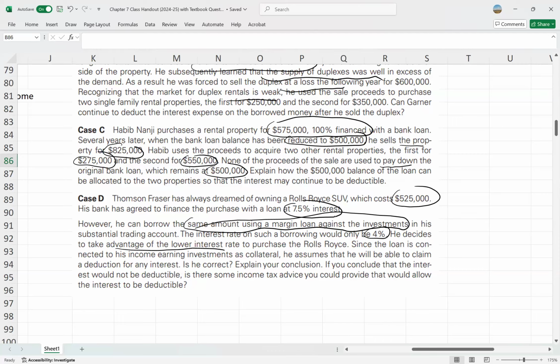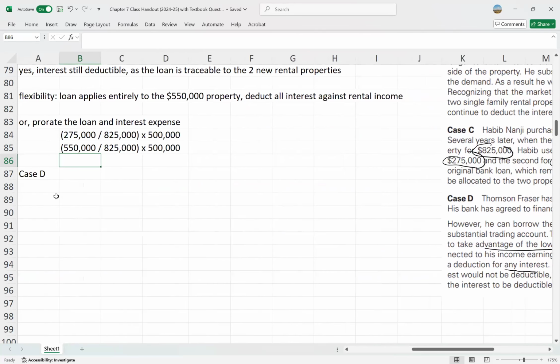And so this actually relates to that Singleton case. What is the direct use of the loan? The direct use of the loan is to buy the Rolls-Royce SUV, which is for personal use. Therefore, the loan interest is not deductible. So for case D, the direct use of the loan is to purchase the personal SUV, thus interest not deductible.